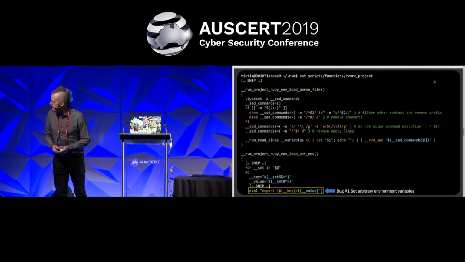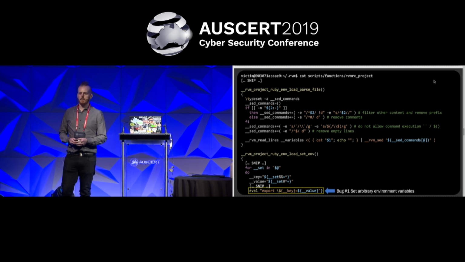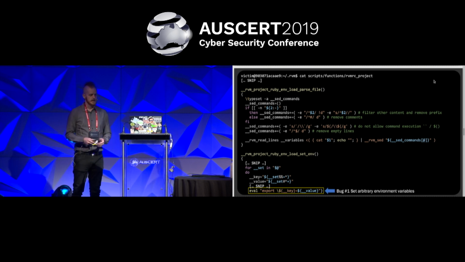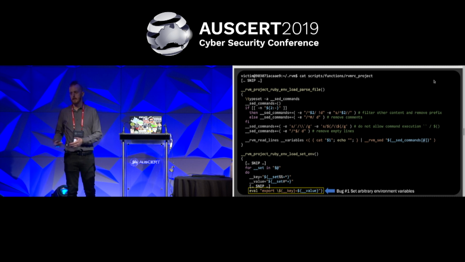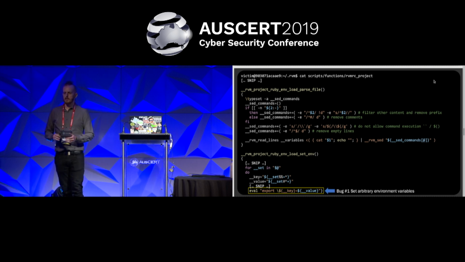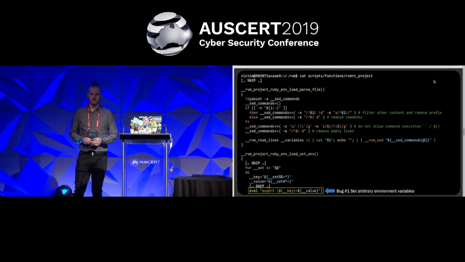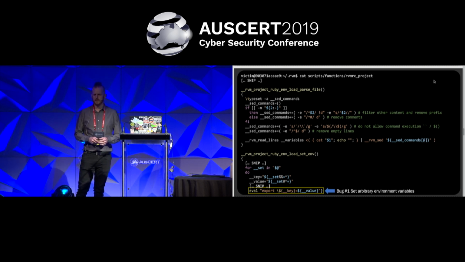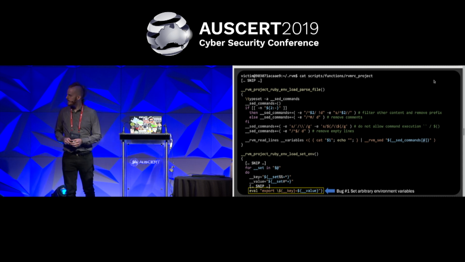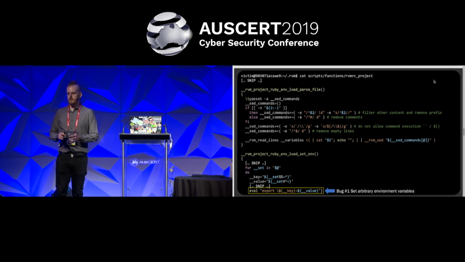And I saw down the bottom there was an export something equals something, which suggested that yes, indeed, I had the ability, based on the versions file, to put arbitrary stuff into the environment of the process that the shell was running in. And I also thought eval, that's kind of interesting, because if I could get a backtick or a dollar bracket into the string that was getting evaled, I'd have two vulnerabilities.